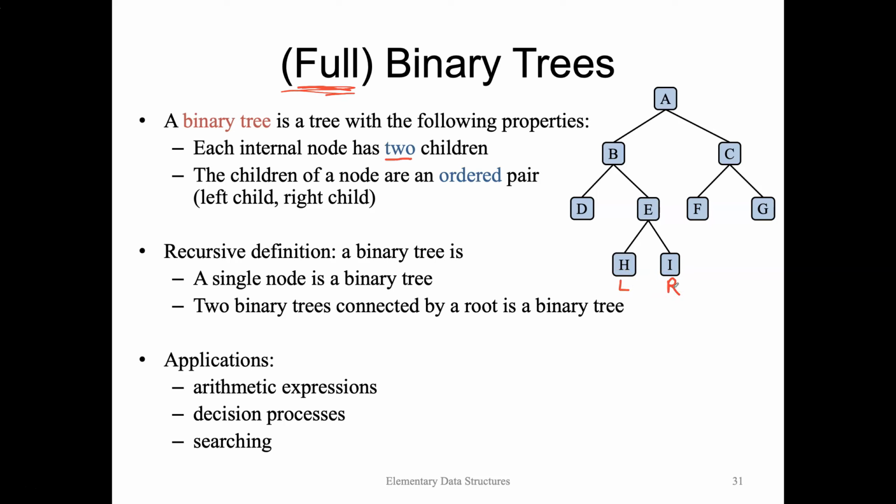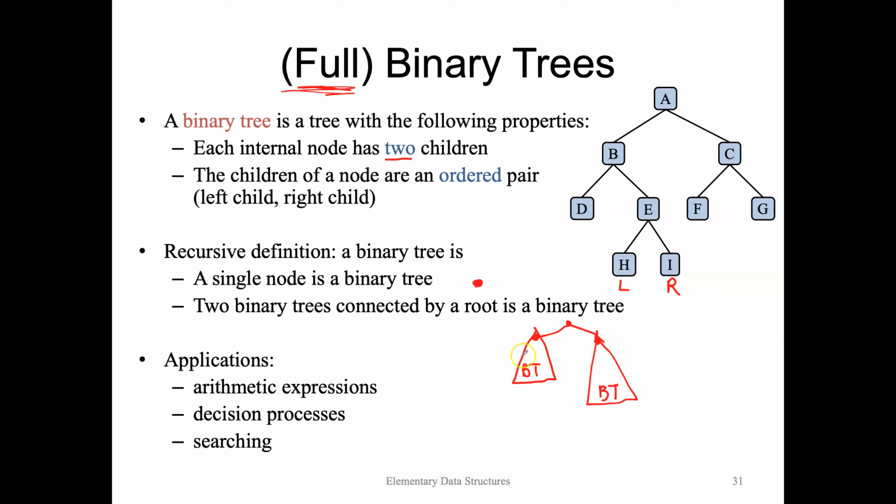There's another way that we could define this recursively, which is that in the base case, a single node here is a binary tree. So this is our one root node. And we can also build up more complex binary trees using a binary tree on the left, which is just an abstract tree with some number of items, and a binary tree on the right, and we connect them by one root.